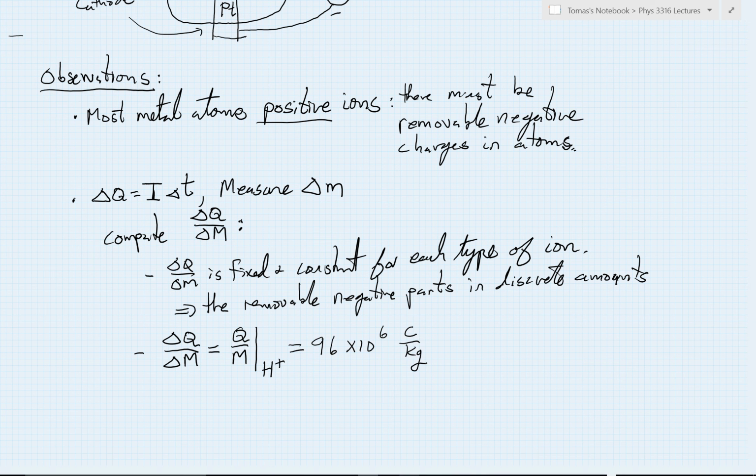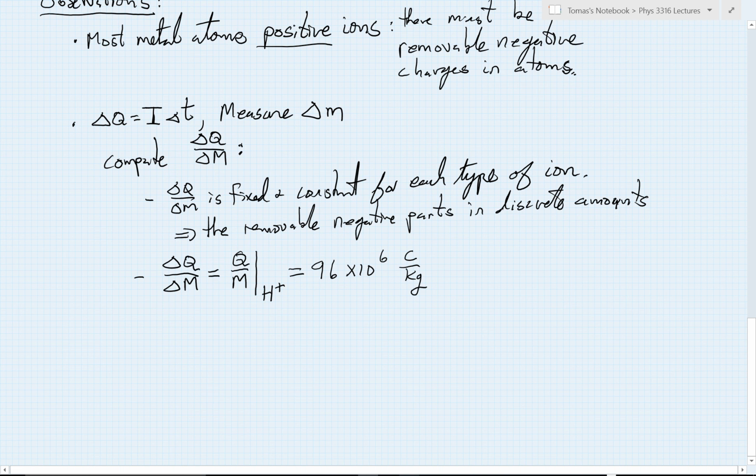Now, the final piece of this, now that we can get quantitative like this, where things become also very intriguing, is when we look at the charges on different types of ions. So, for example, you could take the charge to mass ratio of one type of ion in an experiment, Q1 over M1, and look at the charge to mass ratio of a second type of ion, which, as we were just saying, is the charge to mass ratio of the individual atoms, Q2 over M2.